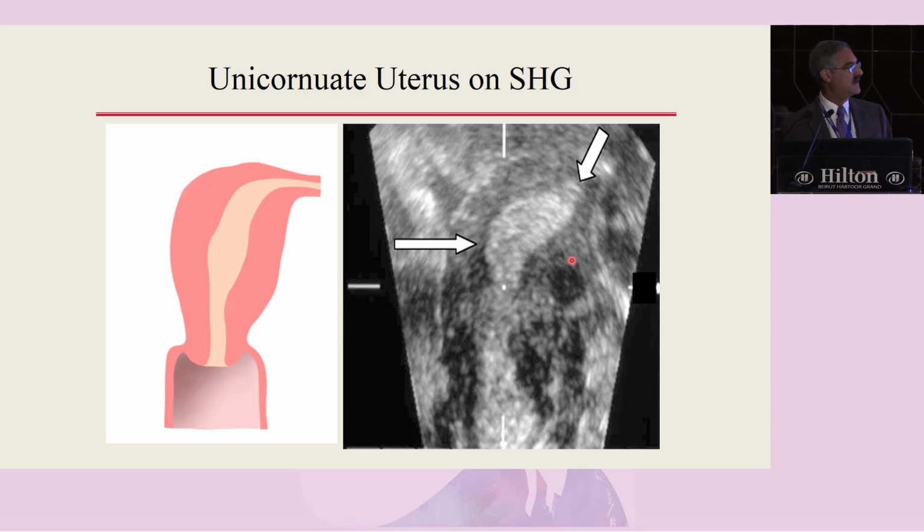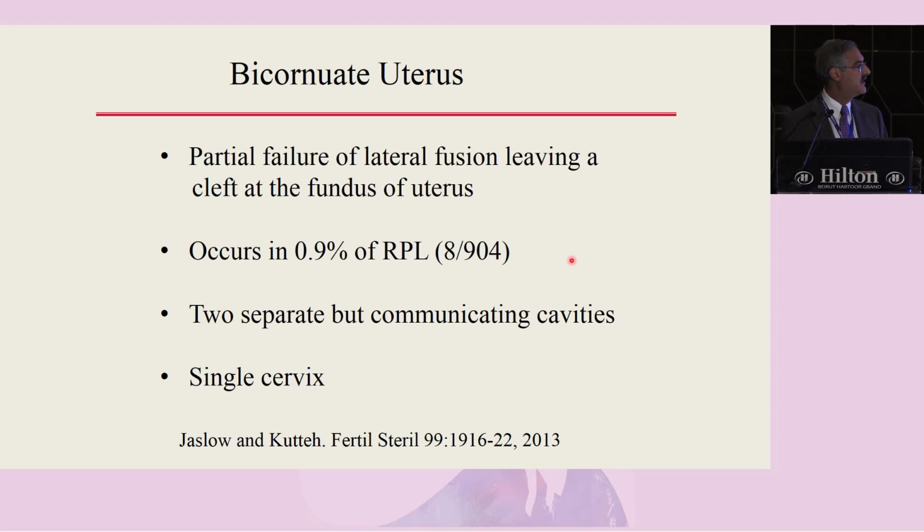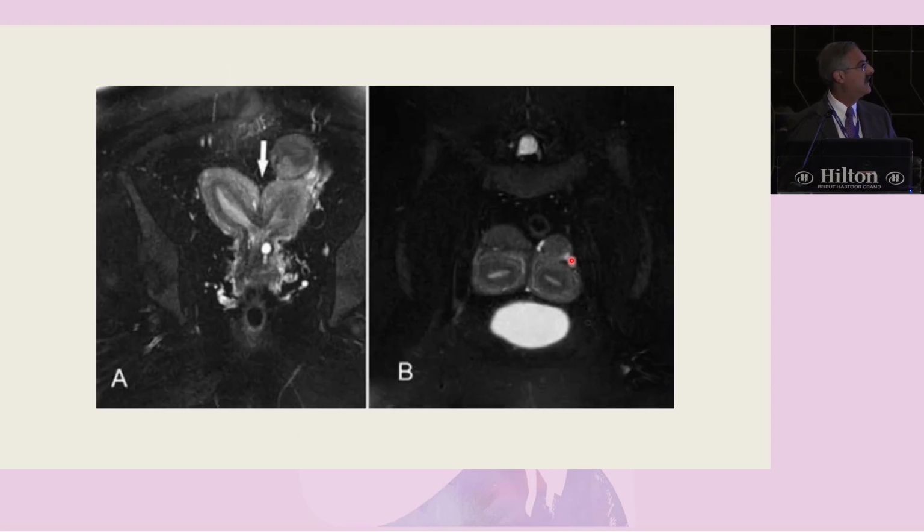The bicornuate uterus is about 1% of congenital abnormalities. Single cervix, but two separate communicating horns. And sometimes you can be fooled, and some people think there's two cervixes because the separation can come all the way down. This is an MRI, and you can see here from the coronal view the two cavities and the lighter area, the endometrial tissue.